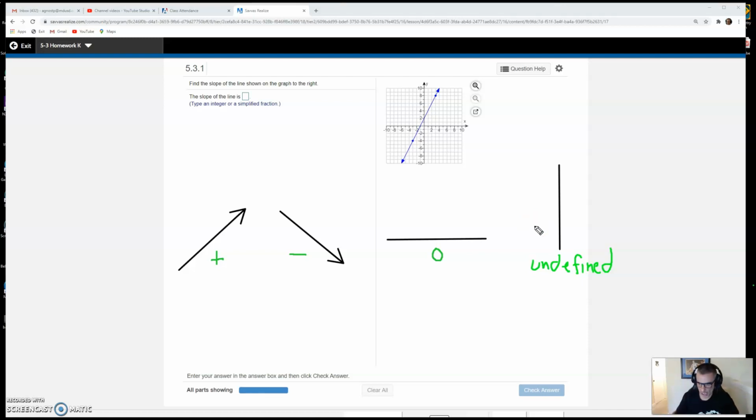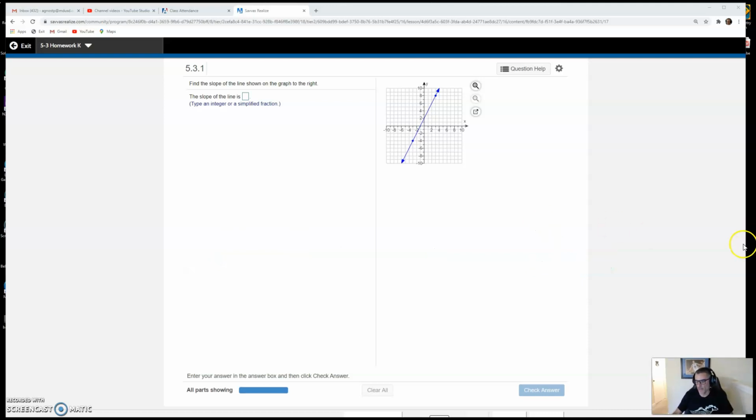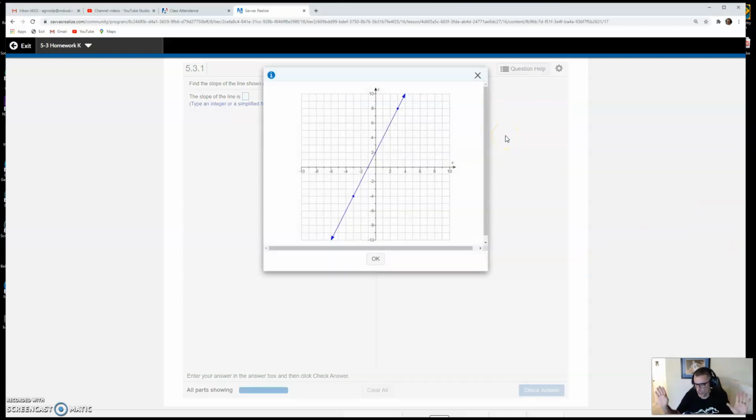So the first thing we're going to look at is, if I'm given a graph, how do I calculate the slope of the line? In other words, how steep the line is. Well, the way you do that is you need to find 2 points on the line. The cool thing is it can be any 2 points on this line. For this lesson, they give you 2 points, but in future lessons, they're not. So you can see on this graph, they give us 2 points. We have this point right here and this point right here.